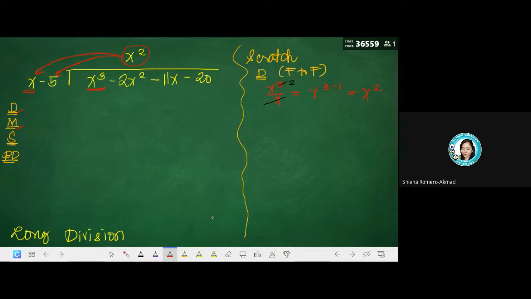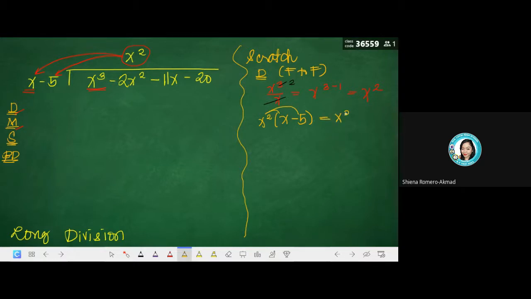Okay? So, kapag ginawa natin yon, we'll have x squared times x minus 5. So, yung answer, ang gagawin mo lagi dun sa term na nakuha mo, is i-multiply mo dun sa divisor. So, that's x squared times x, and x squared times negative 5.